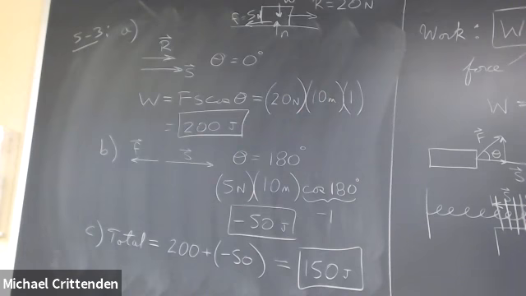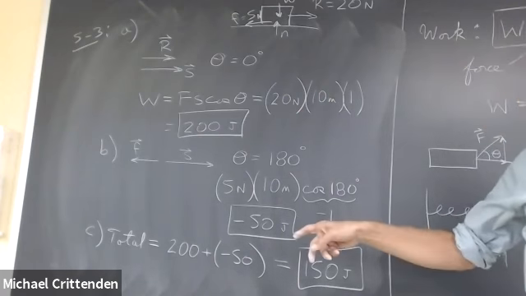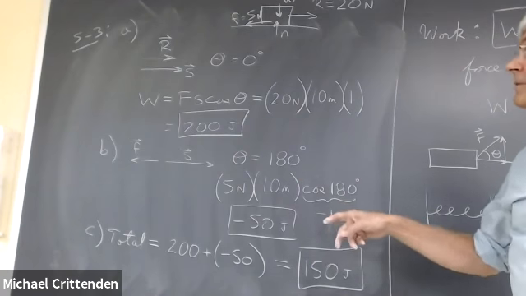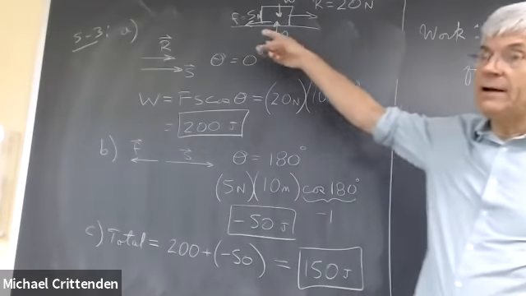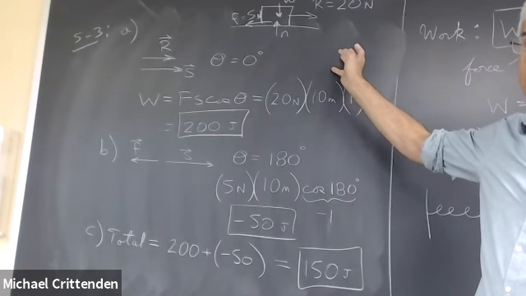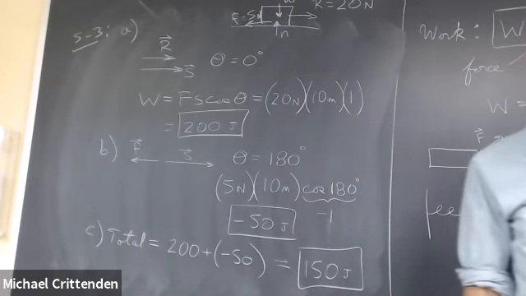Or an alternate way of looking at it that would get you the same answer, the total work would be the work done by the total force. If you've got 20 to the right and 5 to the left, that's a net force of 15. 15 newtons times 10 meters takes you to the same answer.